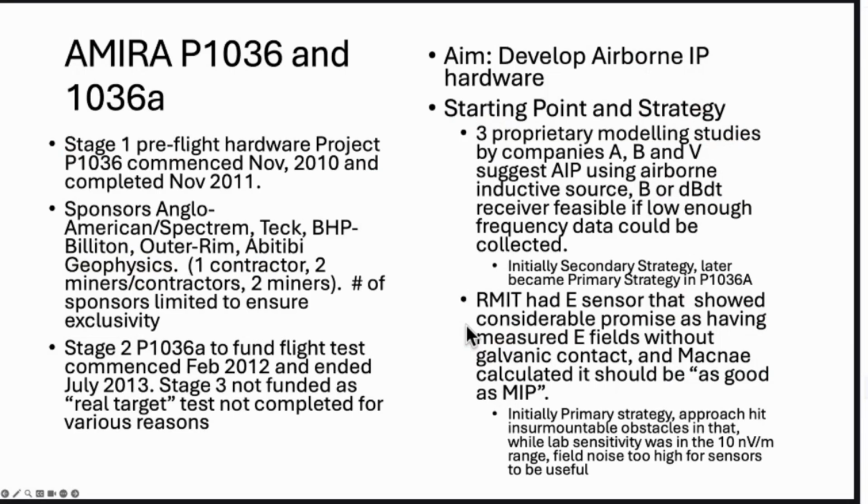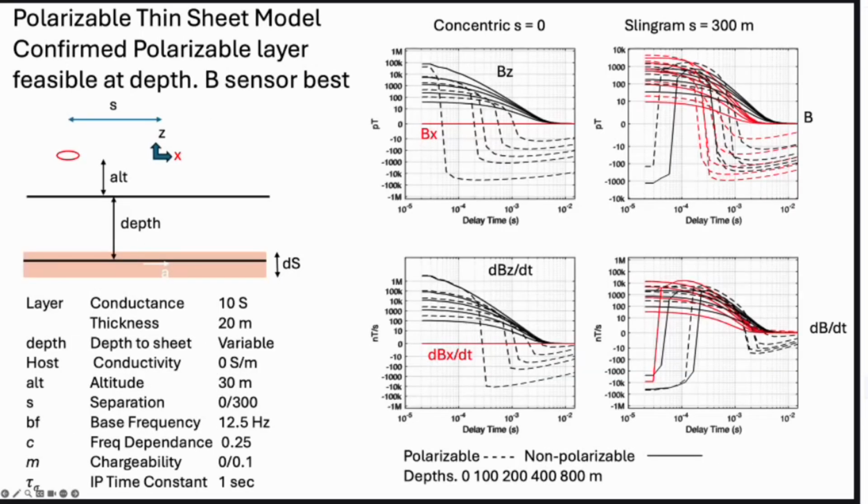Polarizable is dashed, non-polarizable straight, and a polarizable one is quite detectable at depths of 100, 200, 400, and 800 meters. So a B-field system with the noise levels we had and a million amp-meter squared dipole moment transmitter could see a polarizable layer 800 meters down.